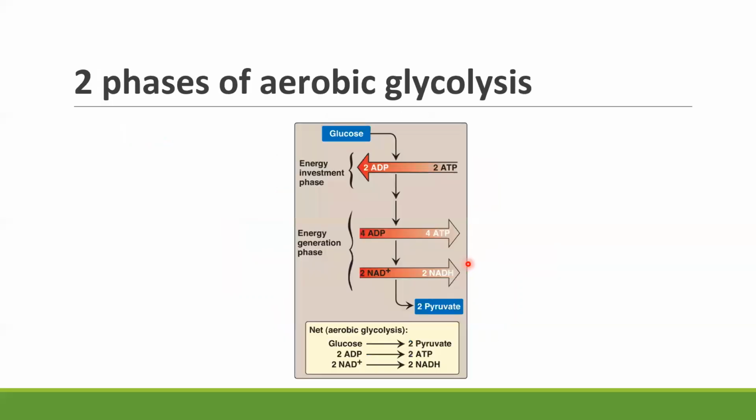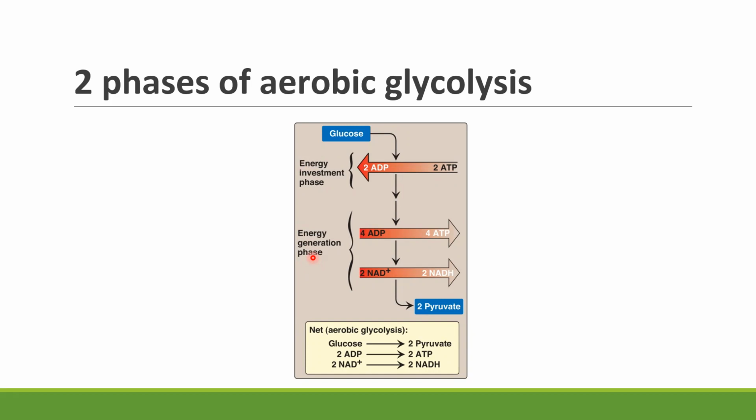We'll see how. As you see, there are 2 phases for aerobic glycolysis. You should focus on aerobic, because we also have non-aerobic. The 2 phases are energy investment, which uses energy, and energy generation, which produces energy. When the glucose is split into pyruvate, we use 2 ATP and generate 4 ATP.